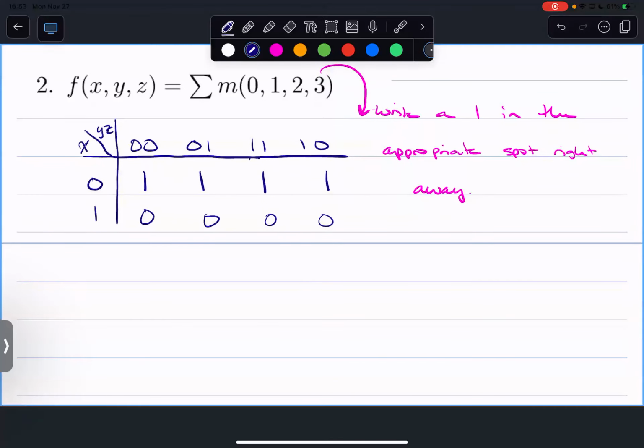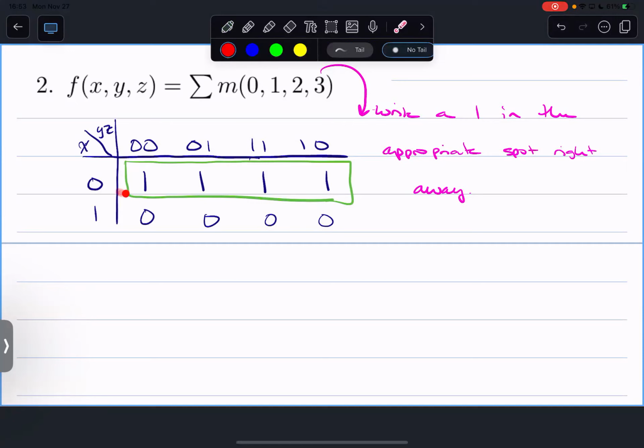All right, we've got a beautiful group of 4 just staring us in the face. How do we summarize this group? Well, it's all the values where x is off. So, right, this is where x is off.